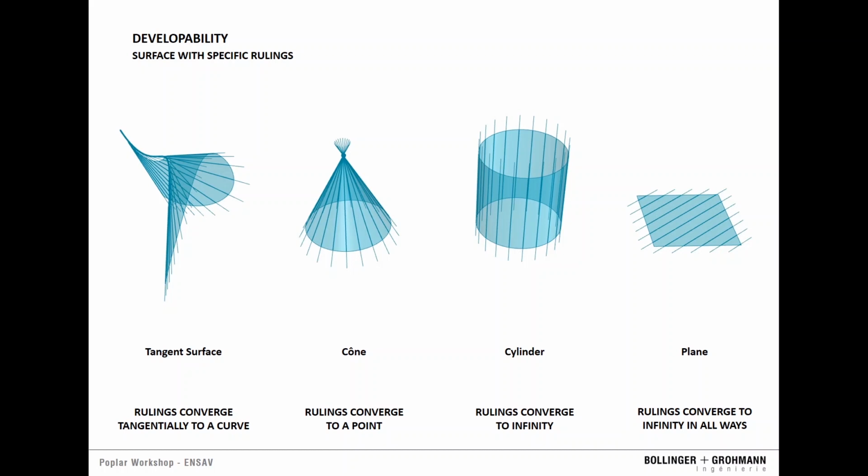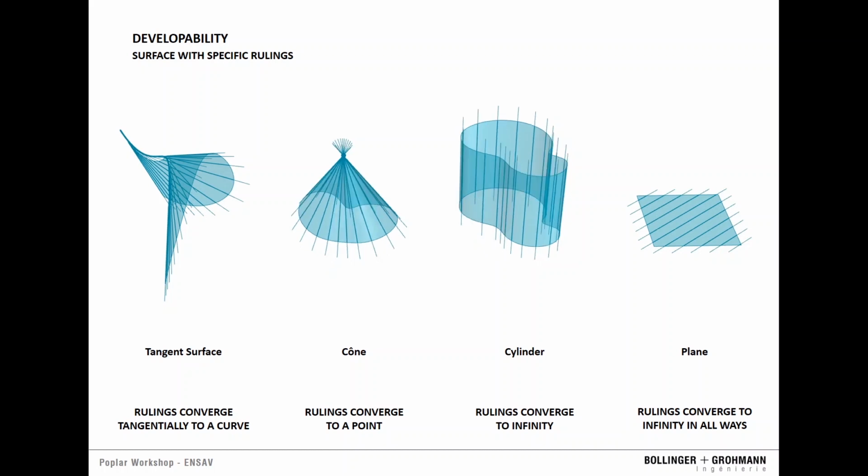Then you have the cone version, which is all the rulings converging to a point, then a cylinder where the rulings converge to infinity, and then a plane, it's a cylinder in fact, but with an infinite radius. And just note that the cone can have various radii, and so can the cylinder.